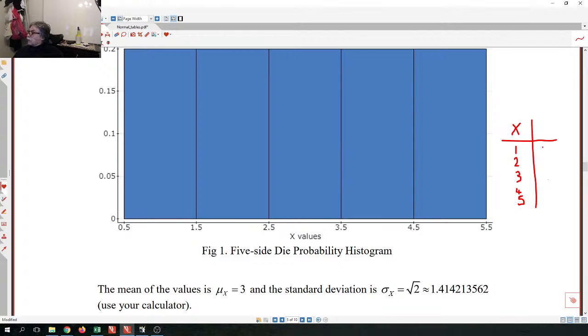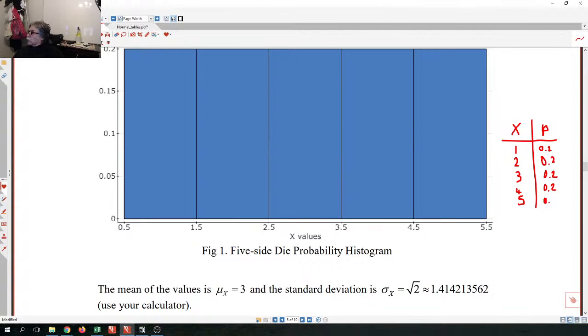And the probabilities, so each one of them is 0.2. So 0.2 for 1. So these are the probabilities. That's a distribution for this random variable. 0.2 for 2, 0.2 for 3, 0.2 for 4, and 0.2 for 5.